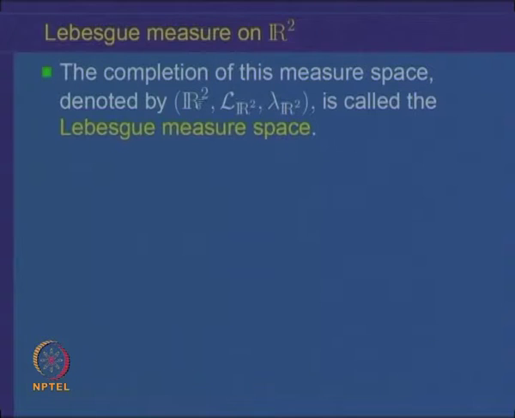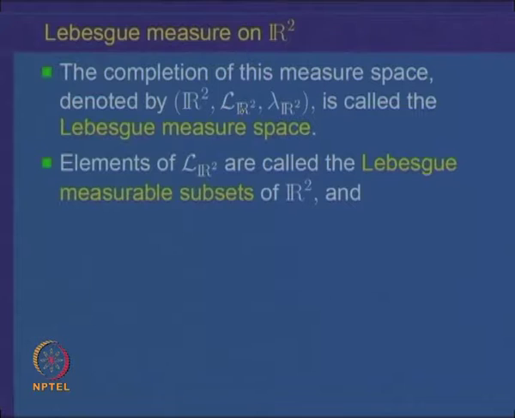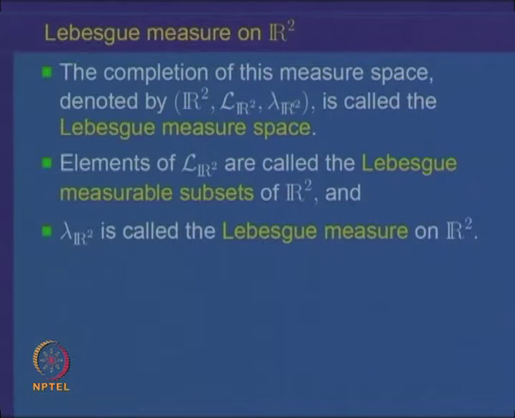So, this is called the Lebesgue measure space. The Lebesgue measure space is obtained from the sigma algebra of Lebesgue measurable sets times Lebesgue measurable sets, completed with respect to the product Lebesgue measure on R 2. The sets in the sigma algebra lambda of R 2 are called Lebesgue measurable sets in R 2, and the measure lambda of R 2 defined on this completed space is called the Lebesgue measure on R 2.